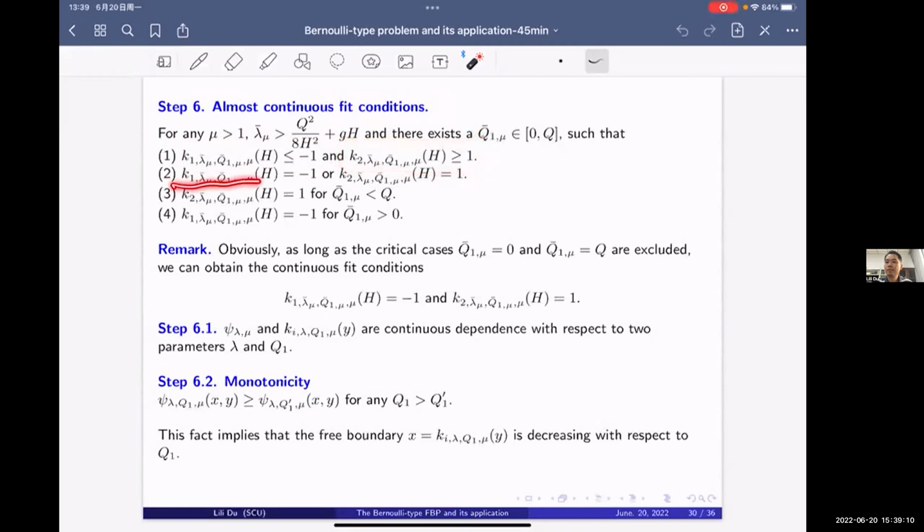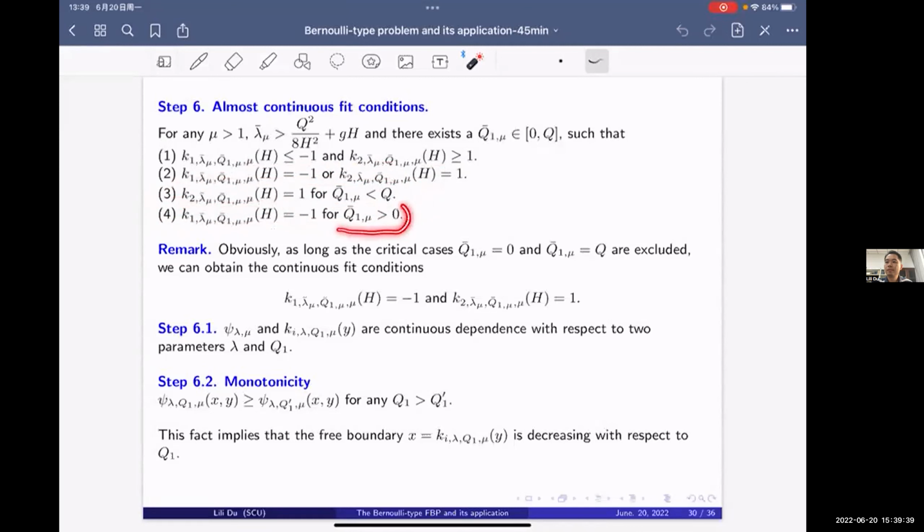The second condition gives us that one of the two continuous fit conditions holds. The third and the fourth conditions give us that if Q1 is less than the total flux, then the right free boundary connects at the endpoint A2.